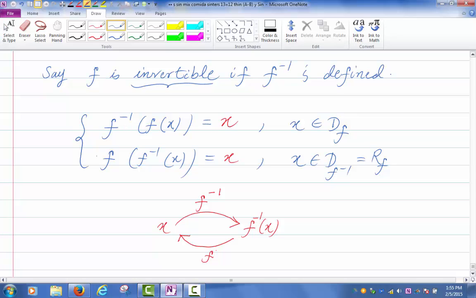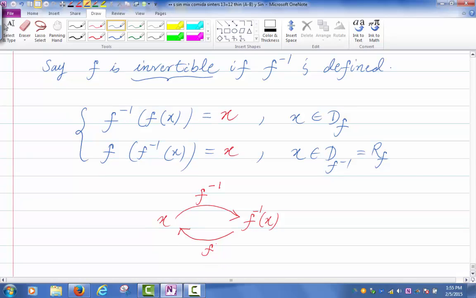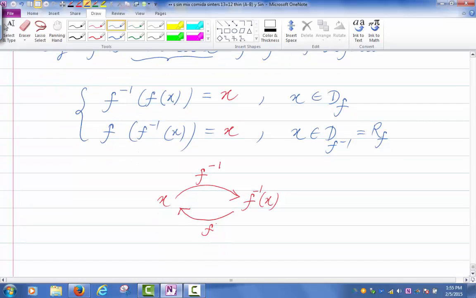In fact, the inverse of f is completely determined by these two properties. What do I mean by that? When I say that the function f inverse is completely determined by these two properties, what I mean is that if you give me another function g and you tell me that g satisfies these two properties with f, then that function g has to be f inverse.